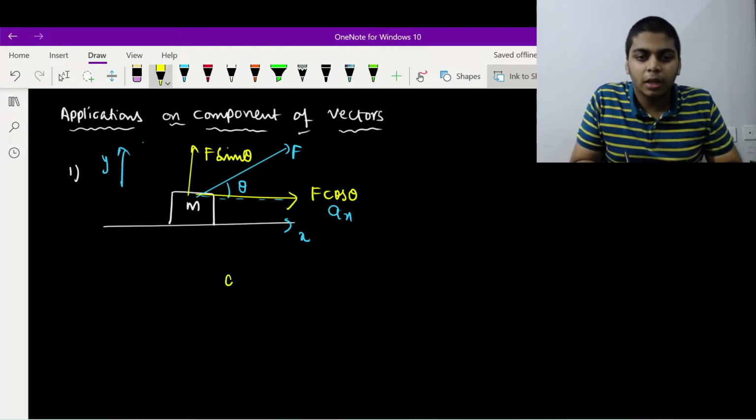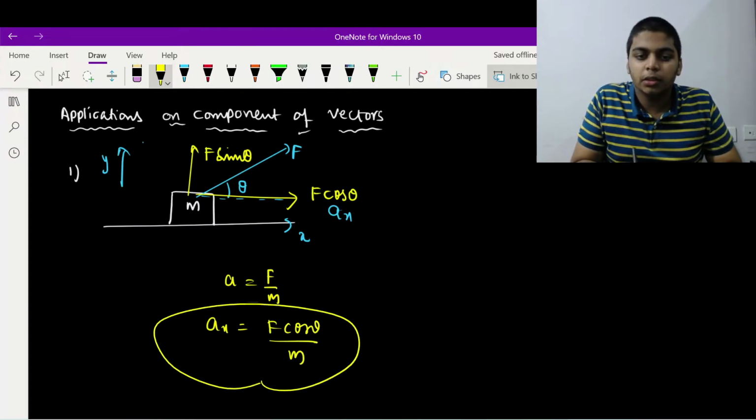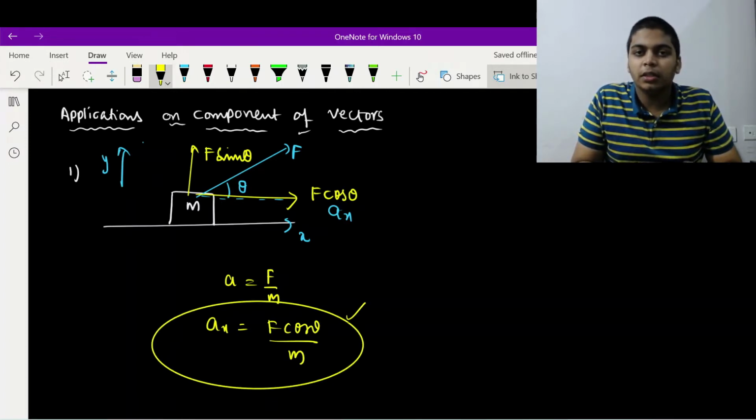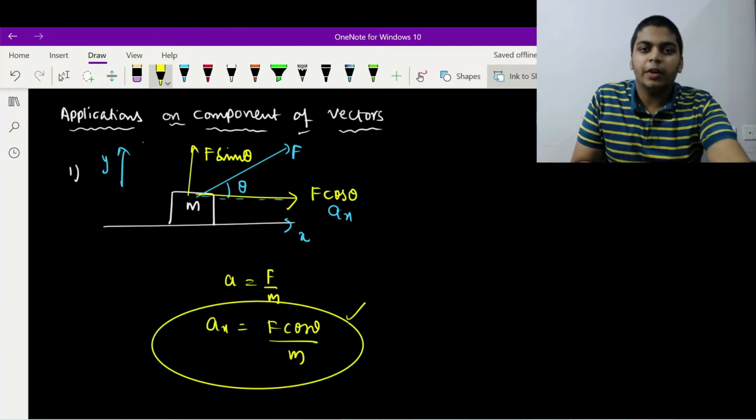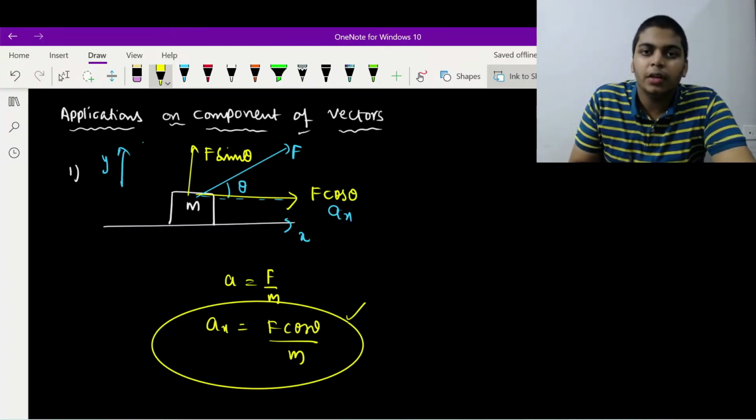So your acceleration is nothing but force by mass, and the horizontal component of your force is F cos theta, so a = F cos theta by m. This is where you come across the resolution of vectors in different directions.